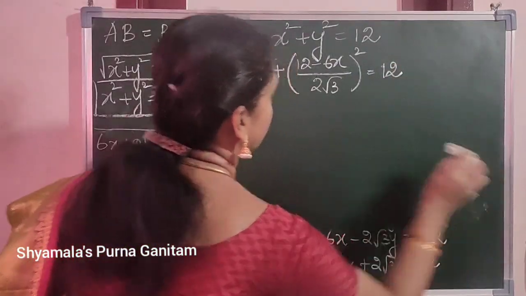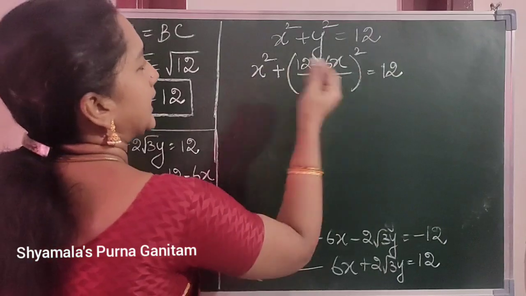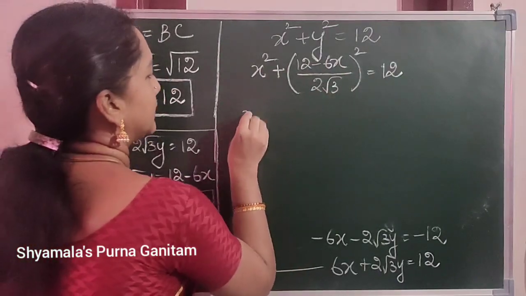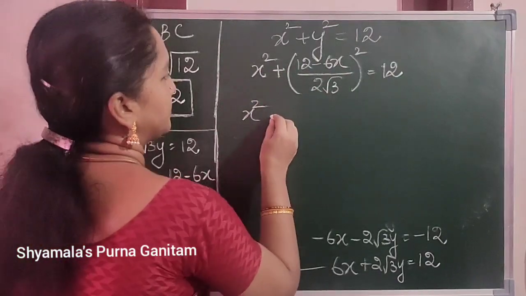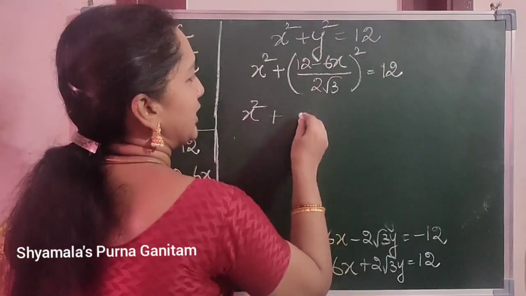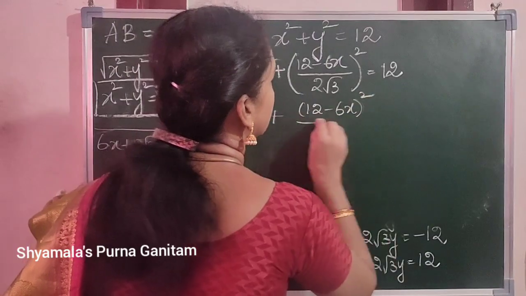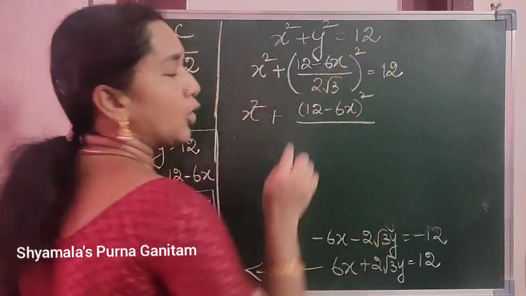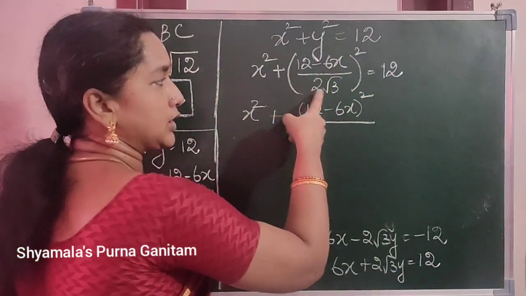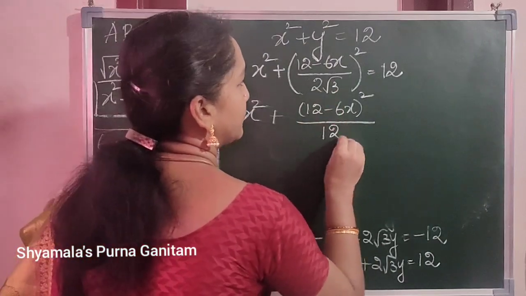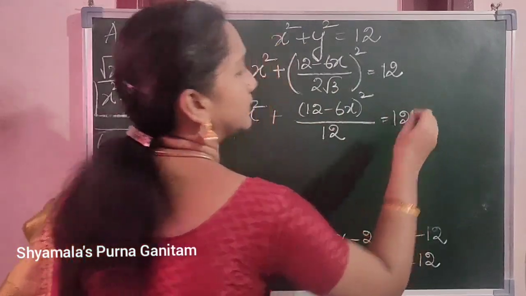Now after this, I have to expand. So x² plus this one, when I simplify, (12 − 6x)² over (2√3)², which is 4, 2 2s are 4, 4 3s are 12, is equal to 12.